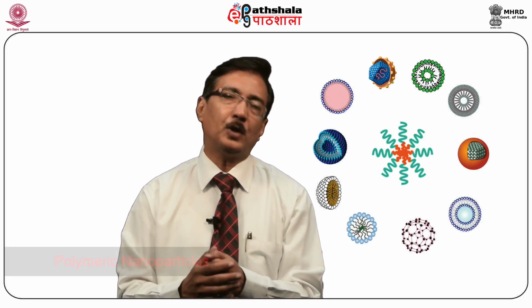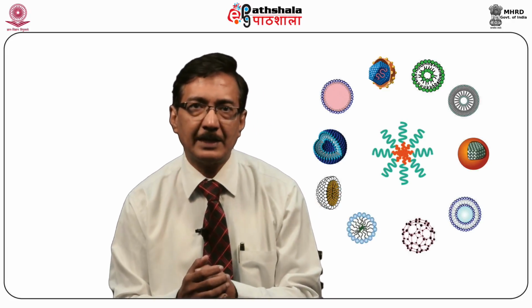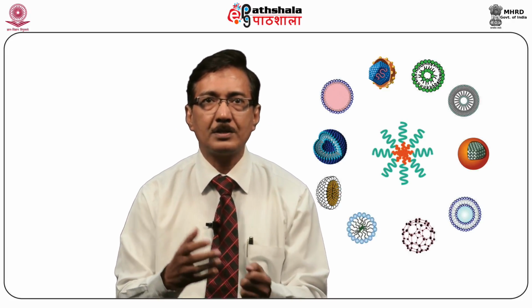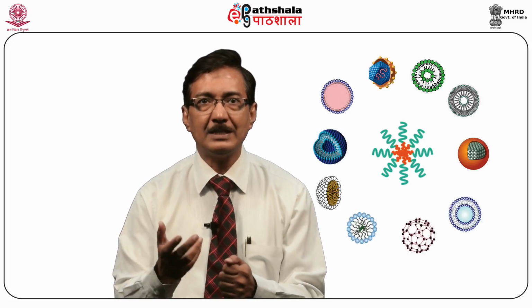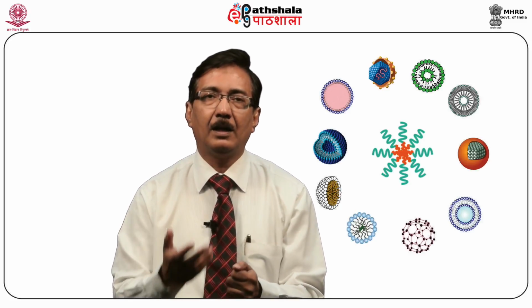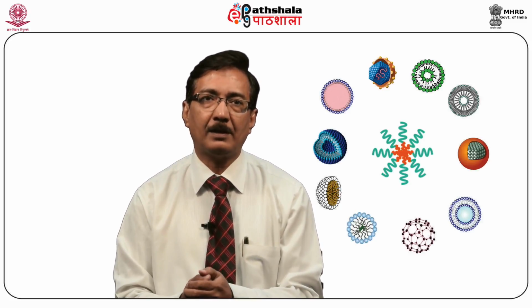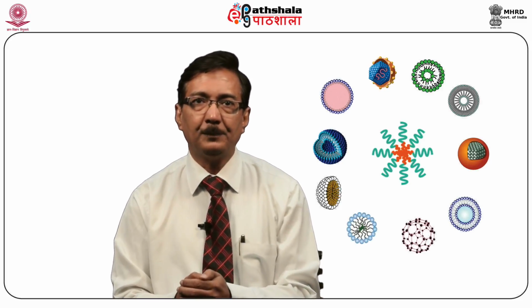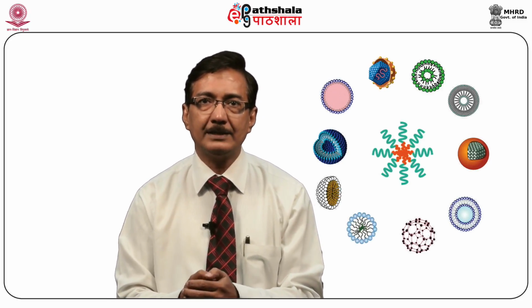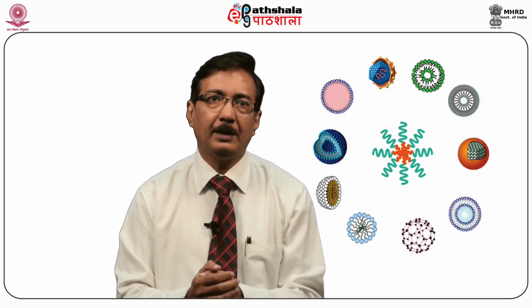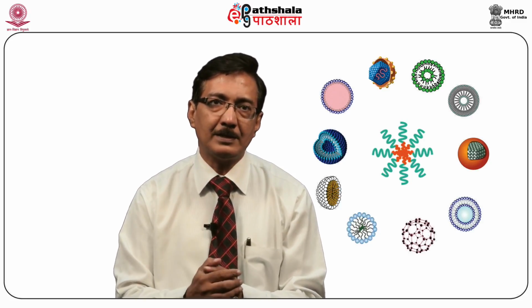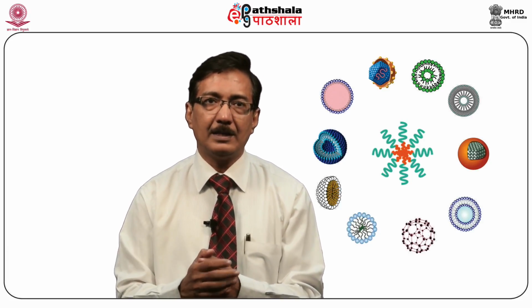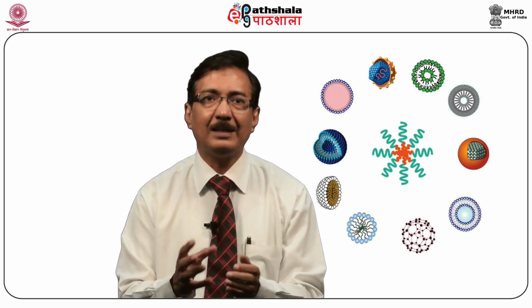Now, if we talk about polymeric nanoparticles, the nanoparticles can be made from natural or synthetic polymers, and they are called polymeric nanoparticles. The most commonly used polymers are chitosan, albumin, and polylactide-co-glycolide. Another class of nanoparticles is stealth nanoparticles. As the name stealth says, they are invisible.